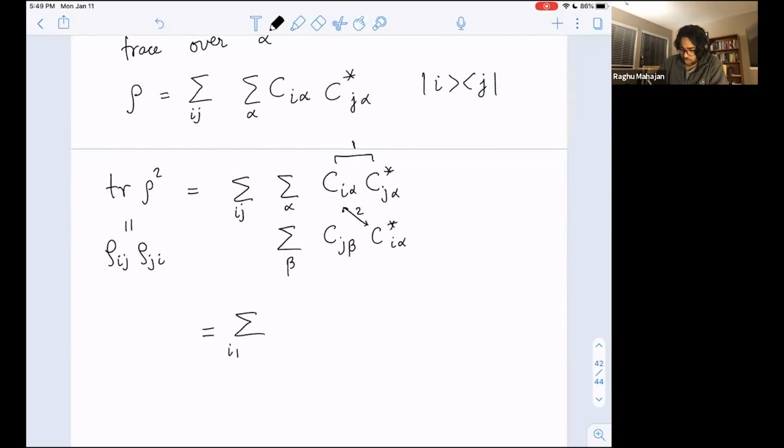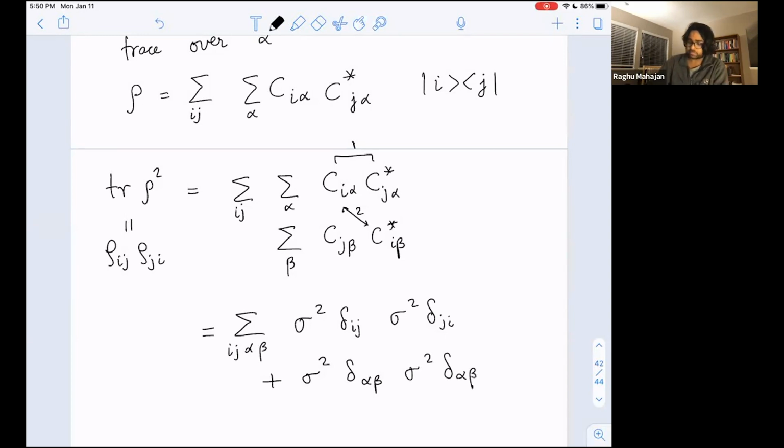There's a sum over i, j, alpha, beta, and it's a delta function, so we get sigma squared delta_ij, and the other two give sigma squared delta_ji. Plus the other Wick contraction: sigma squared delta_alpha beta, sigma squared delta_alpha beta.